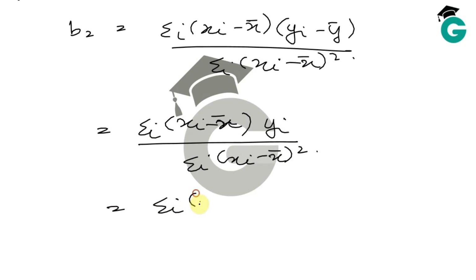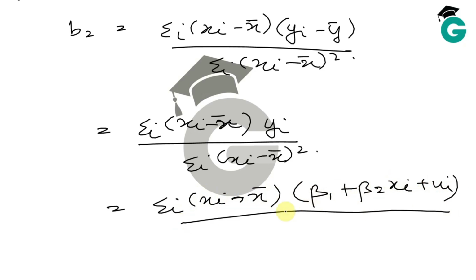This is going to be equal to summation i xi minus x bar into beta 1 plus beta 2 xi plus ui. Like I said earlier also, the first thing you do is substitute what you know into what you do not know, over summation i xi minus x bar squared, right?